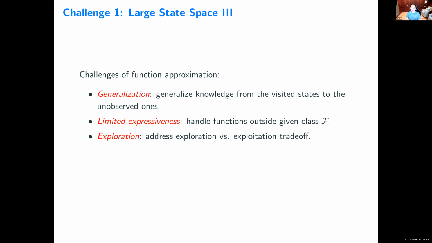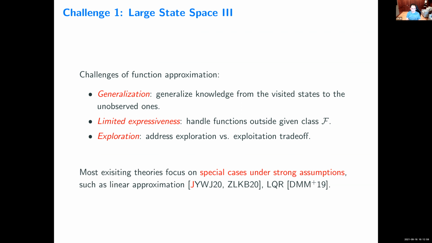Finally, we also need to deal with the exploration versus exploitation trade-off, which is something we have to deal with for bandit and reinforcement learning tasks. So as a result, a lot of existing theories only focus on special cases under strong assumptions.